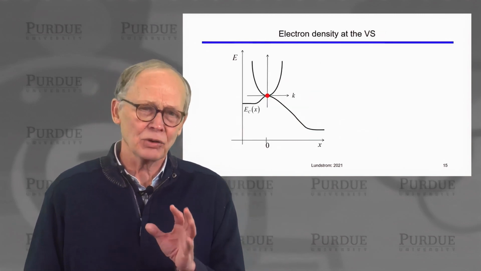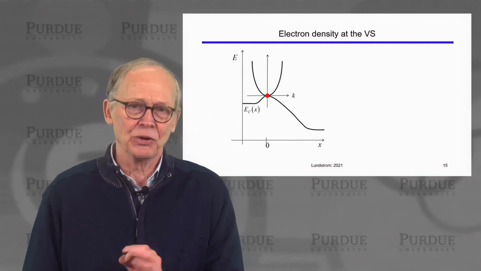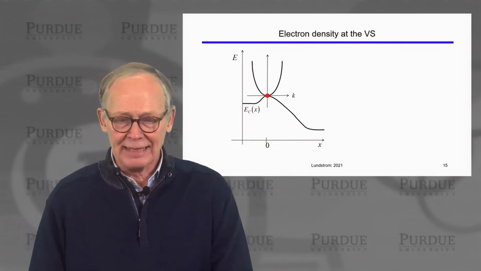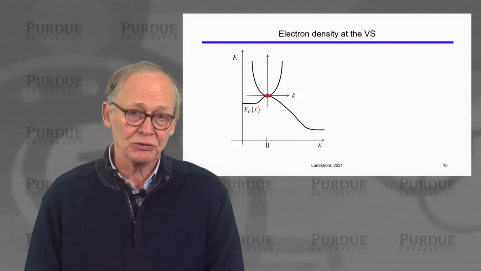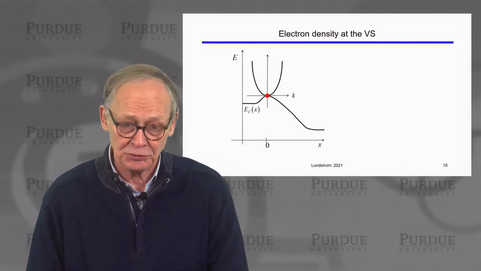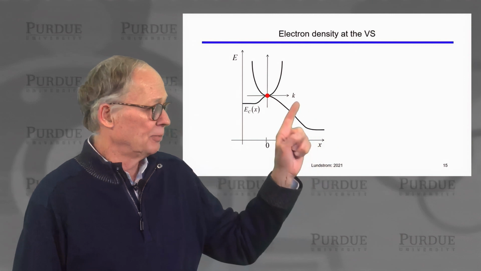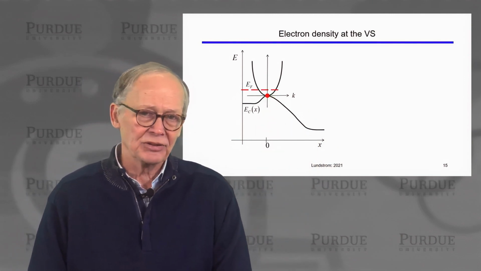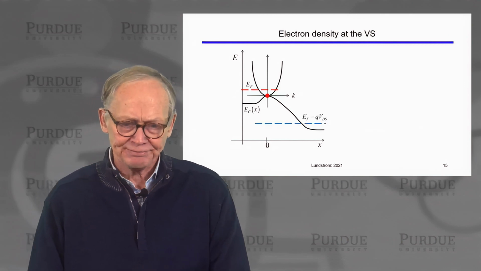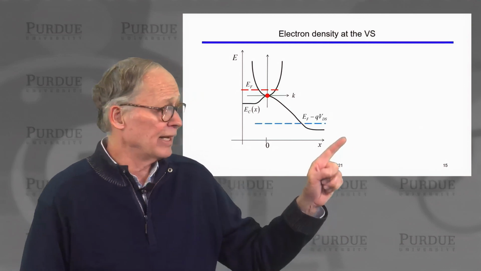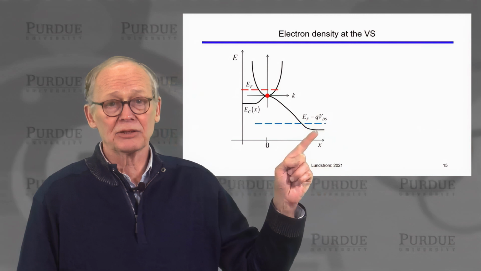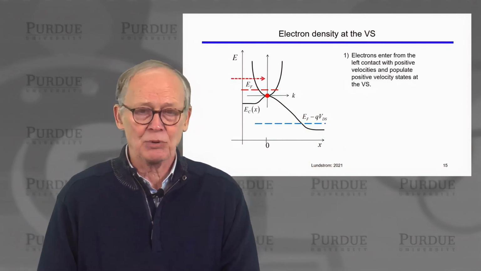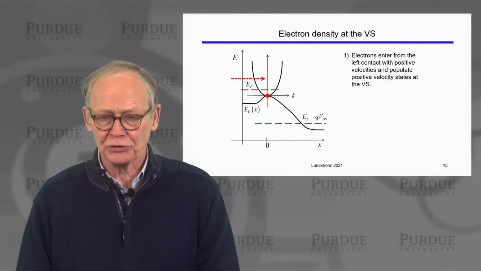Now let's take a little more close look at what's going on there. So here we'll have our energy versus K plot, our energy versus crystal momentum plot at the virtual source. We have a parabolic band for simplicity. The Fermi level in the source is at some location. The Fermi level in the drain is lower because we're under high VDS conditions. So electrons will hop over that barrier, flow in from the source.